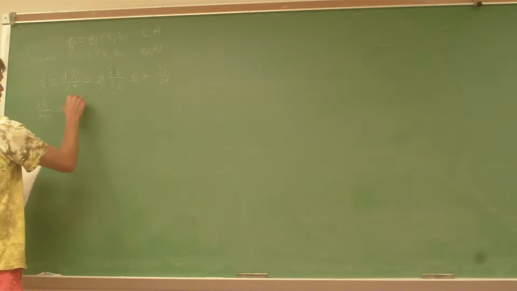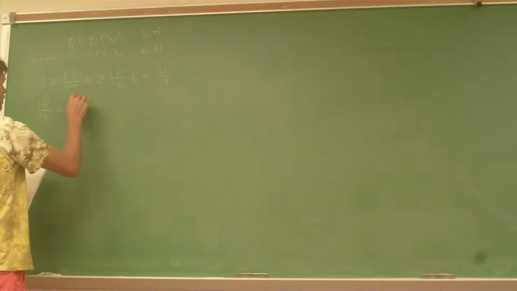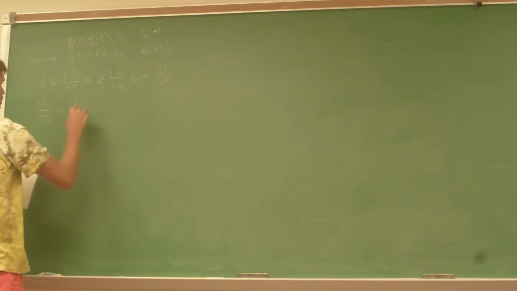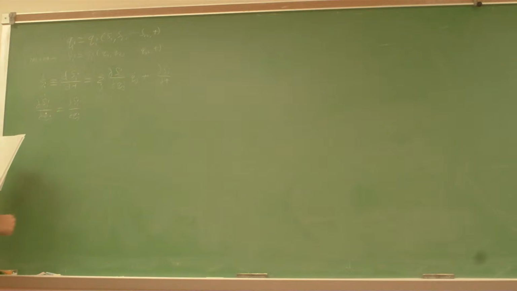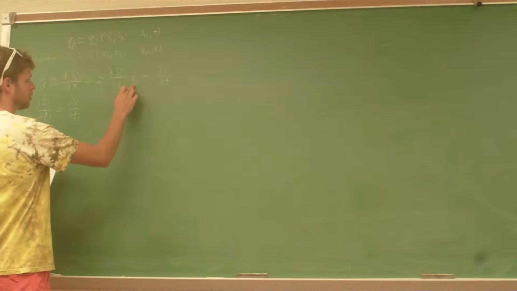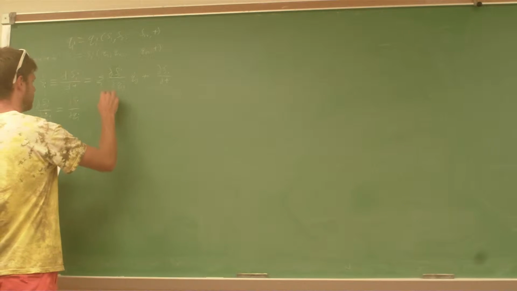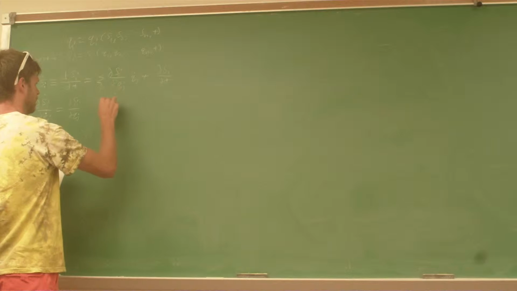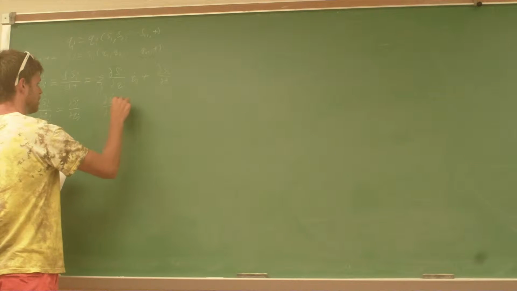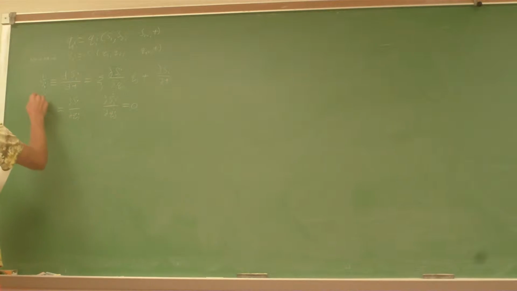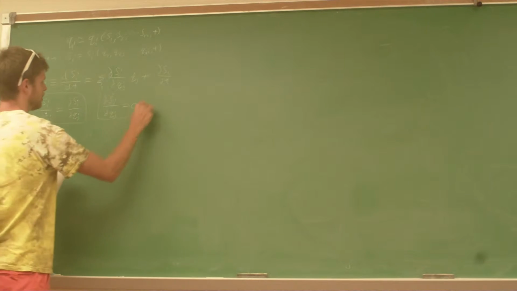So then you just get partial s_i with respect to q_j. Dots just keep disappearing everywhere. And similarly, there's no q dependence here, so we can say partial s_i dot with respect to q_j is just 0. Okay, so hang on to these for just a moment.